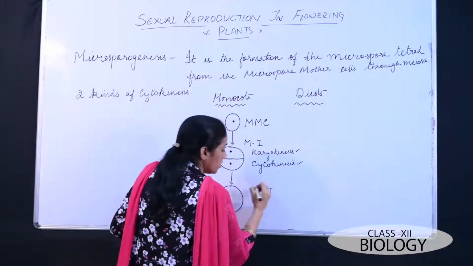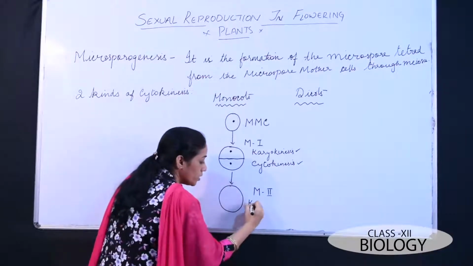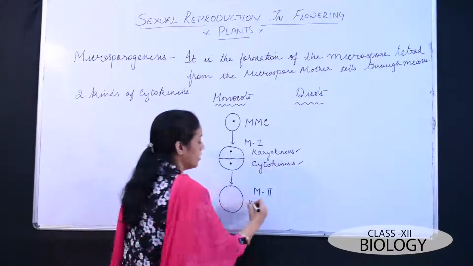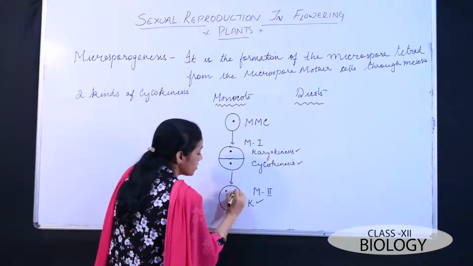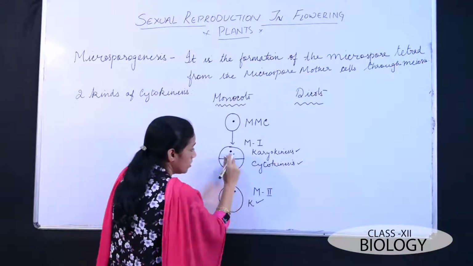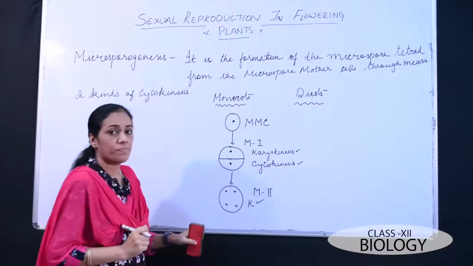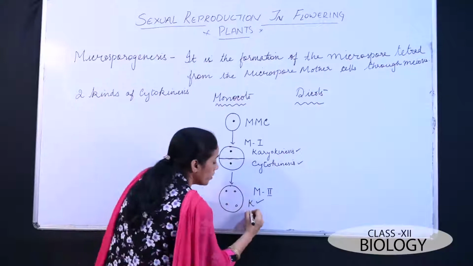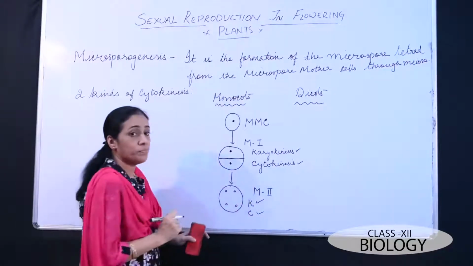Meiosis 2 will occur. Again, there will be the division of the nucleus, that is karyokinesis. So let me make this 2 nuclei dividing into 4. So karyokinesis has occurred. This will be followed by cytokinesis, that is the division of the cytoplasm.